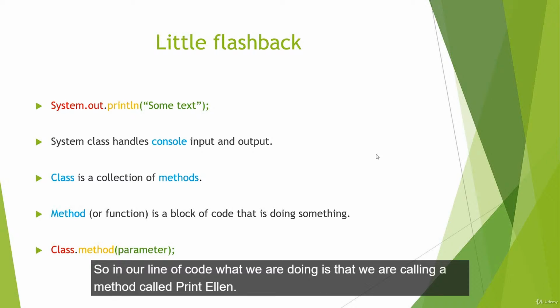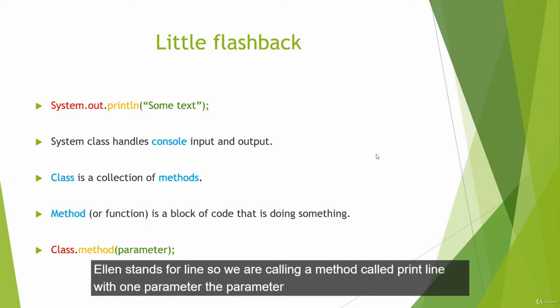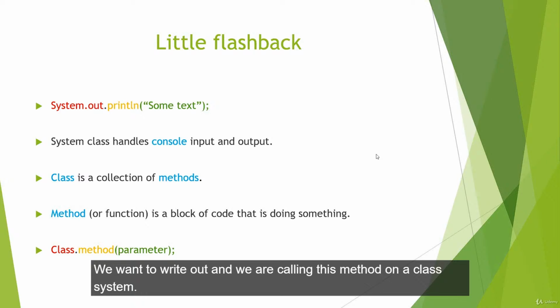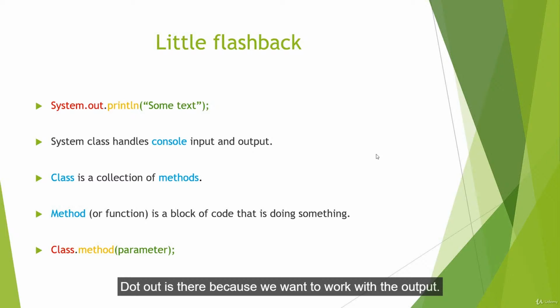So, in our line of code, what we are doing is that we are calling a method called println. ln stands for line. So we are calling a method called printLine with one parameter. The parameter is the text we want to write out. And we are calling this method on a class System. .out is there because we want to work with the output.